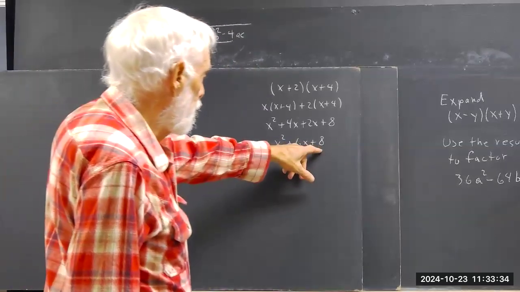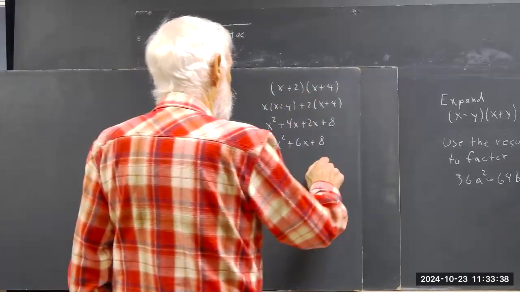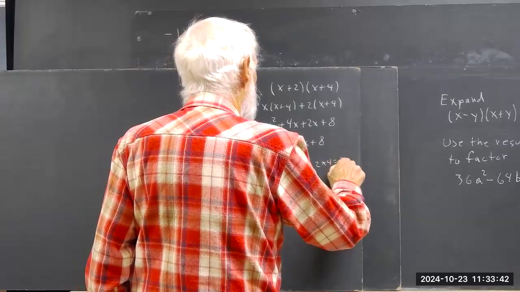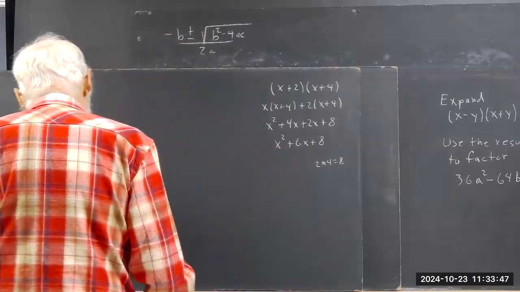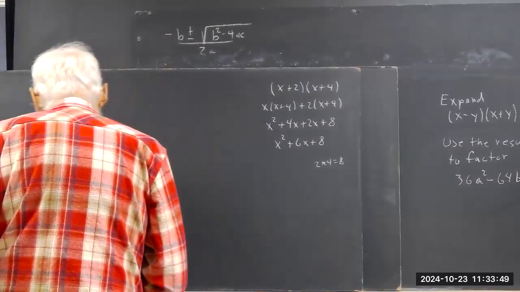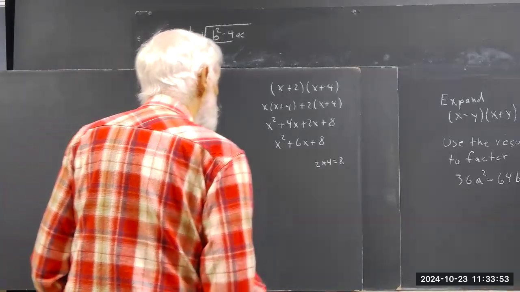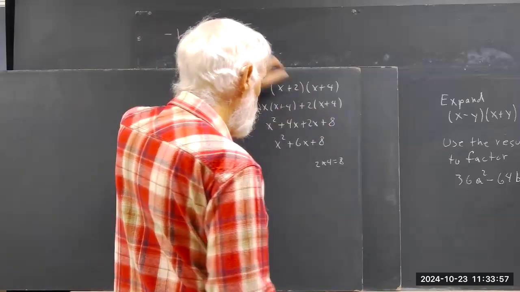Then let's notice that the 8 is 2 times 4. And that came from multiplying the 2 by the 4.